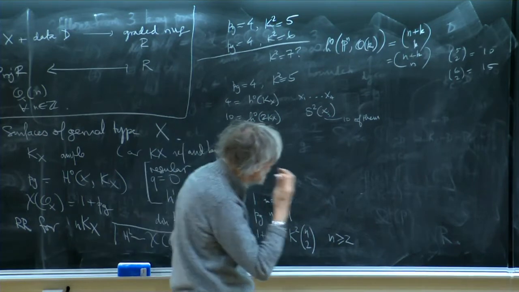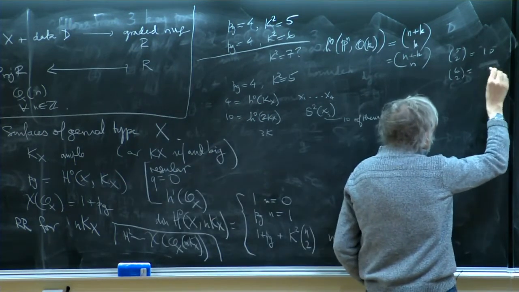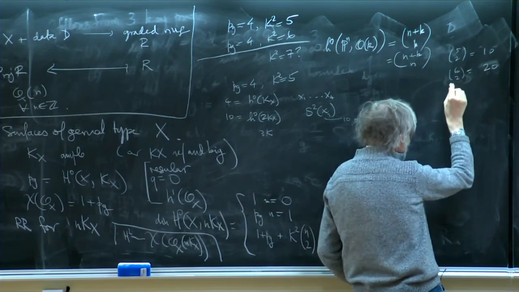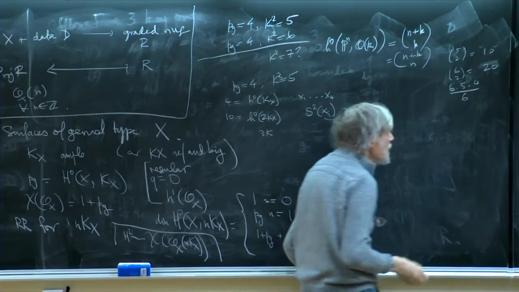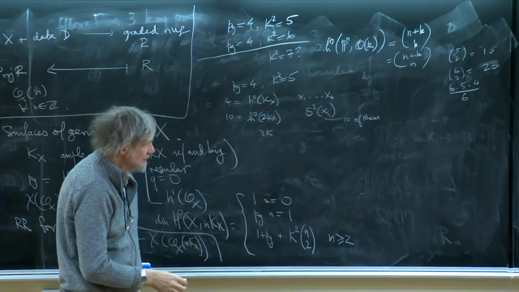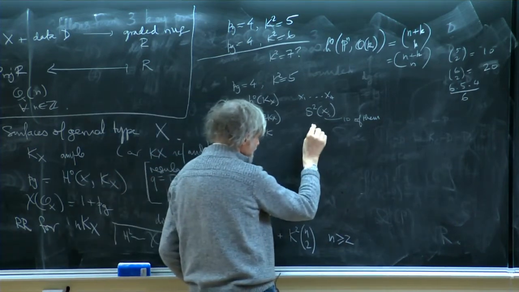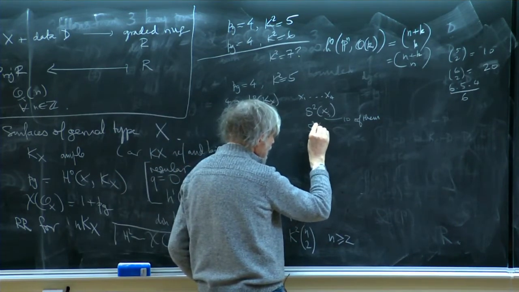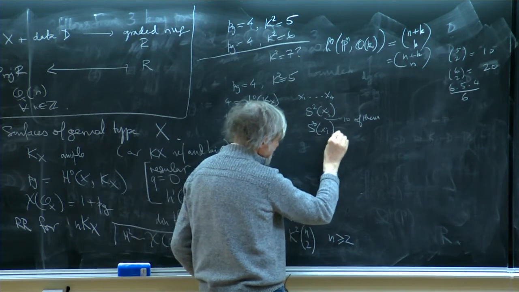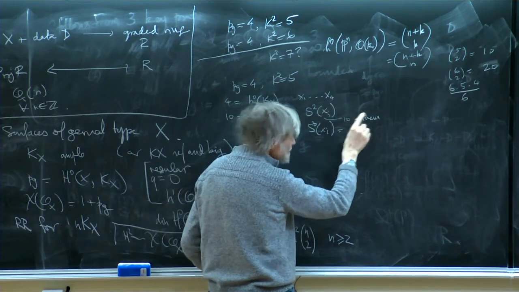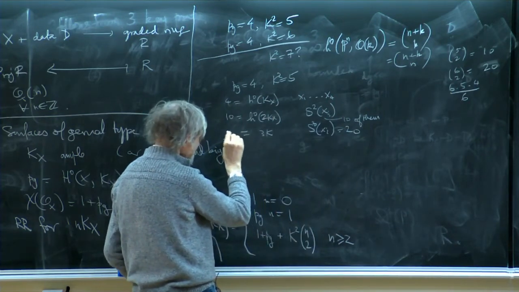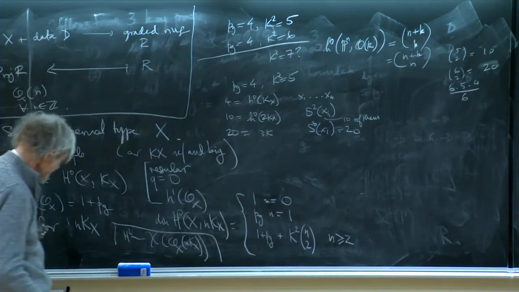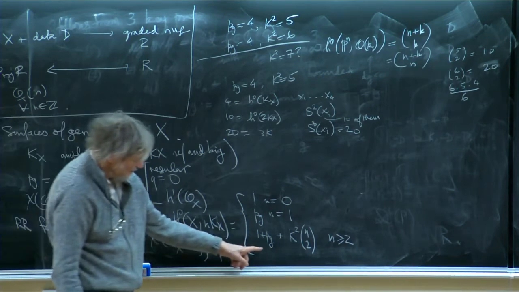I'm sorry. Right, 6 times 5 times 4 divided by 6. Yes? And so S3 of xi is the same number, 20. Right? So this number is 20 because it's 5 plus 3 times 5.